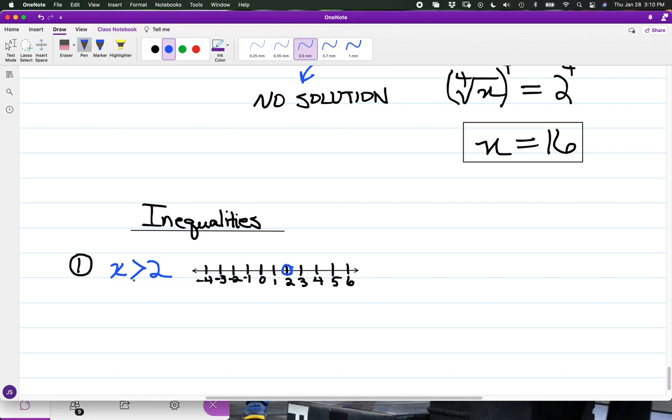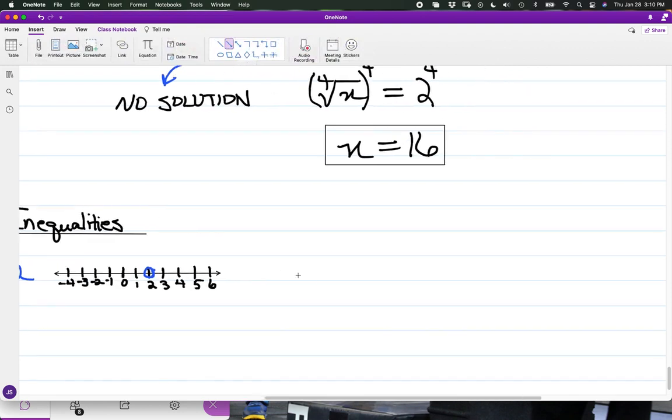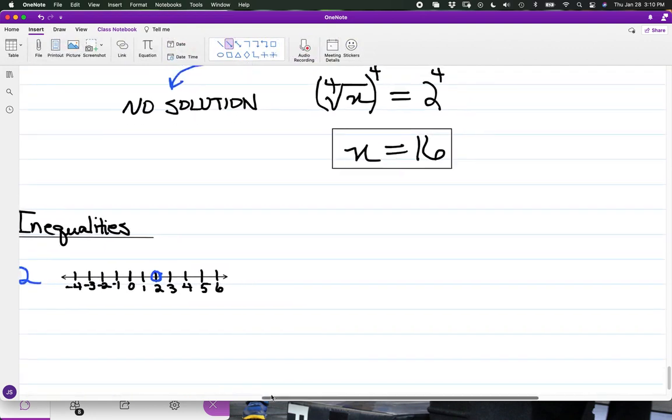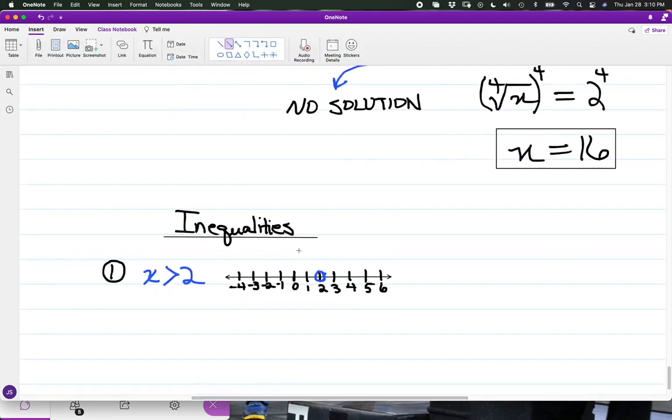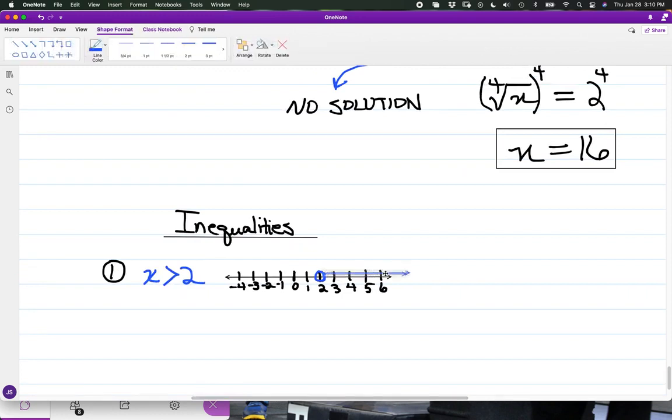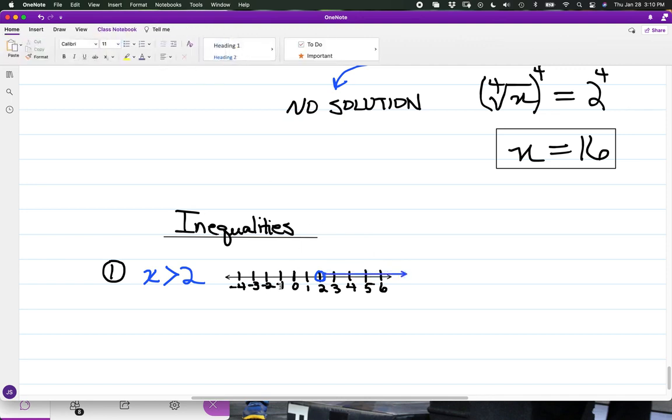For x is greater than 2, representing x will be those values to the right of 2, so I'm going to have a ray that goes out to the right. This is the graphical display of x is greater than 2.